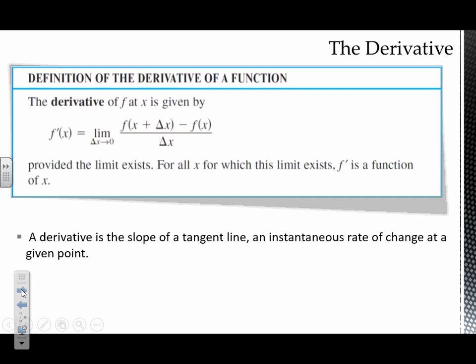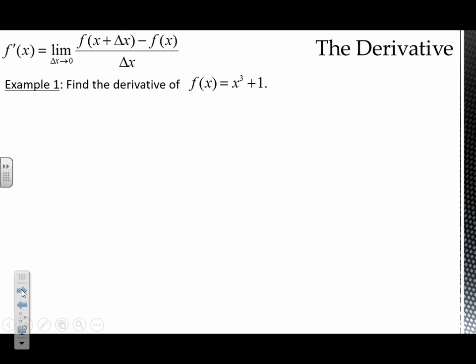All right, so we are going to find the derivative of x cubed plus 1. Are you ready? Our derivative is just the limit of the difference quotient, which, good news, you've done before, right?